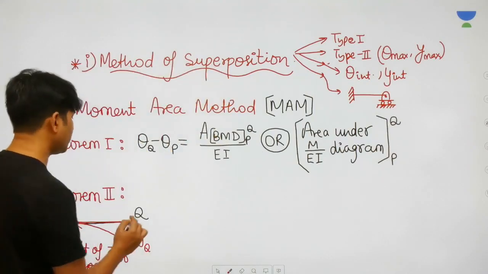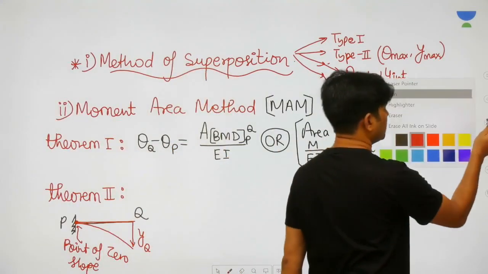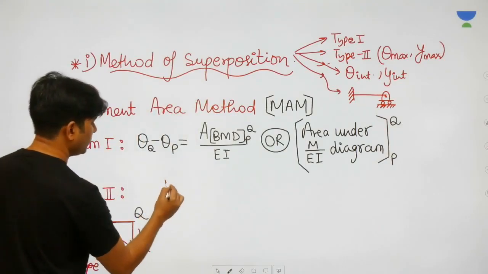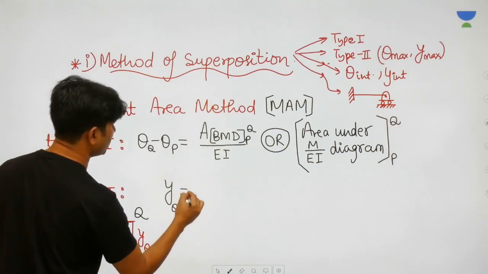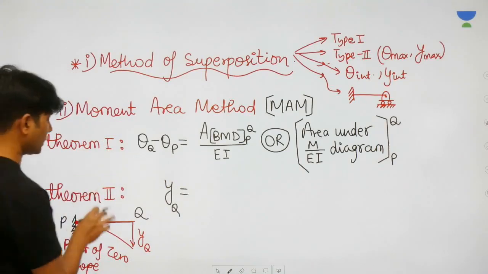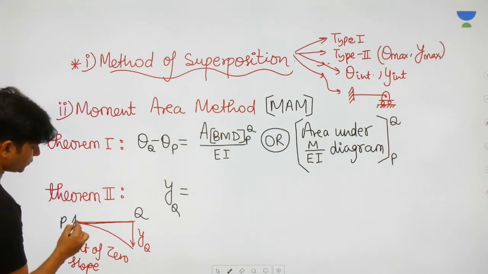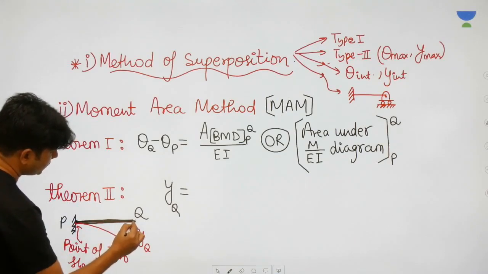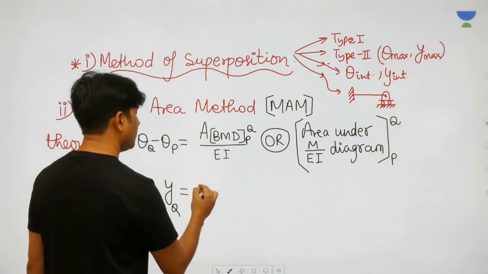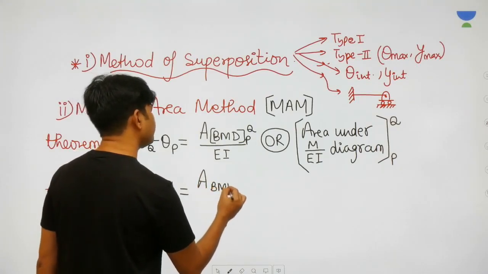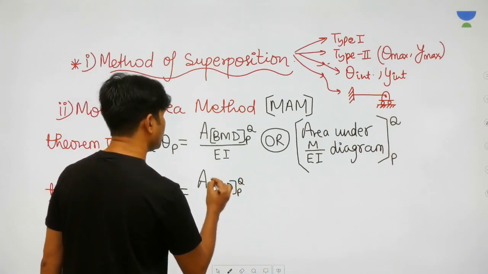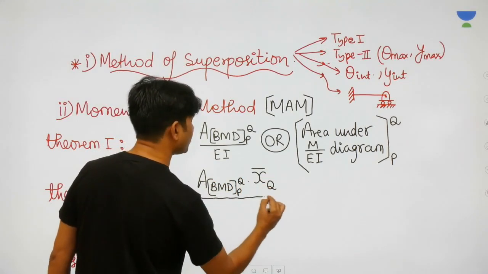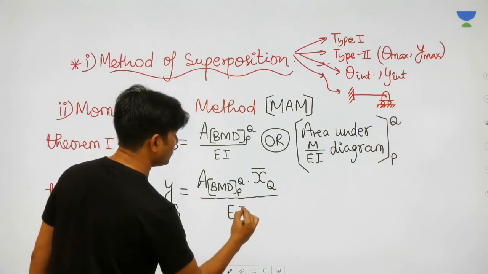Alright, so what is the second theorem? The second theorem is that if you have a point of zero slope available, then with respect to the tangent at that point of zero slope, the deflection at any point is going to be the area under the bending moment diagram between these 2 points P and Q, multiplied by x bar measured from Q, wherever you are finding the deflection, divided by EI.